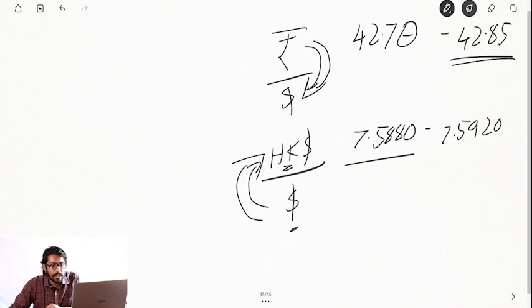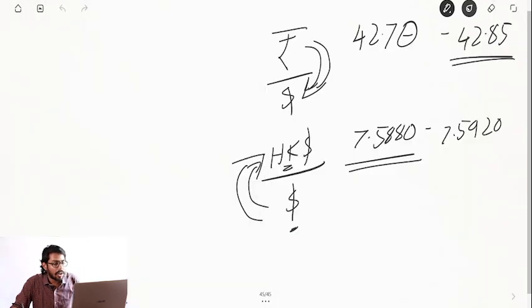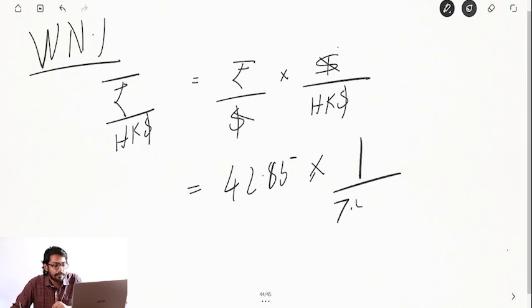So the rates are 42.85 and 7.5880. Rupee by dollar, I need it as it is, so I'll take 42.85 as it is, and dollar by Hong Kong dollar, I need dollar by Hong Kong dollar. What is given is Hong Kong dollar by dollar, so I have to take it in reverse, 1 by 7.5880.